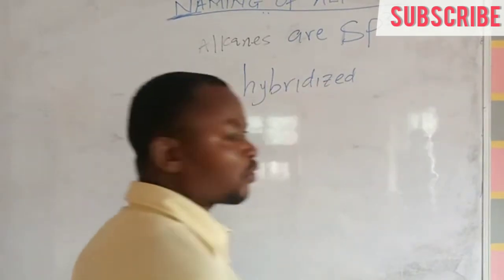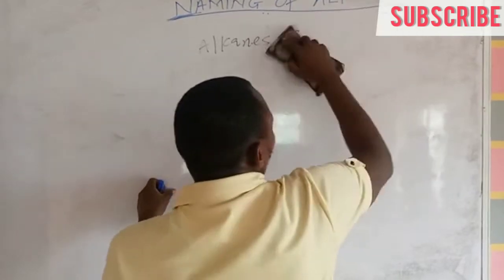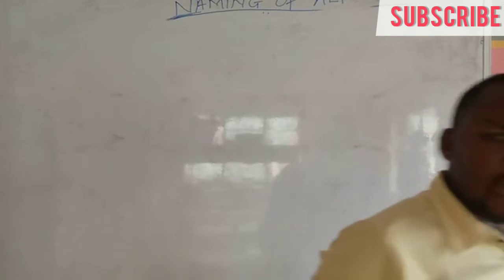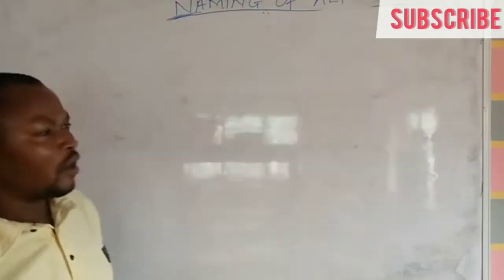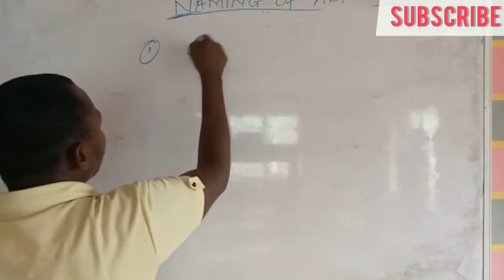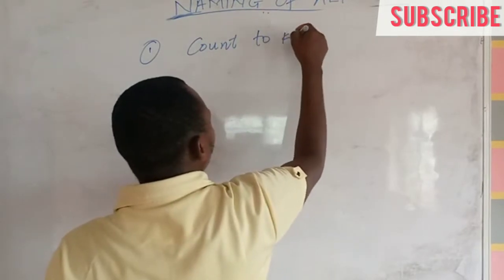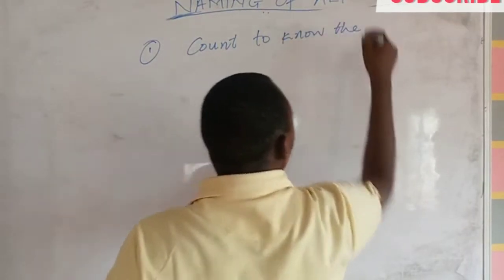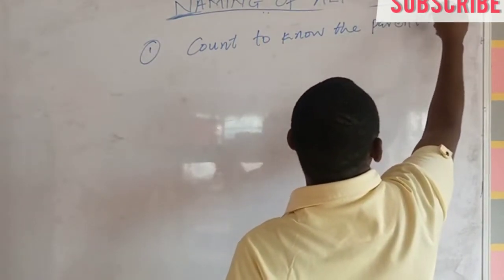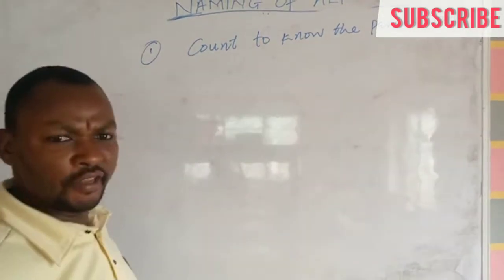So when we want to name alkanes, these are the procedures to follow. Number one, we are going to count to know the parent name.